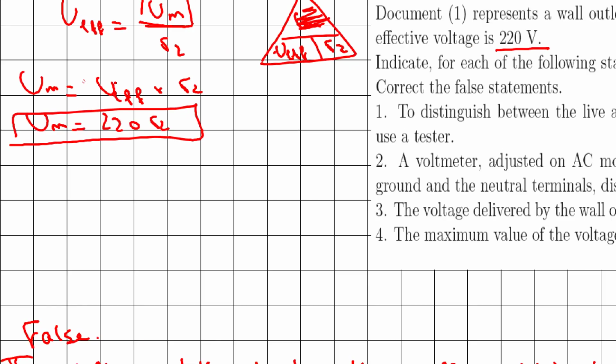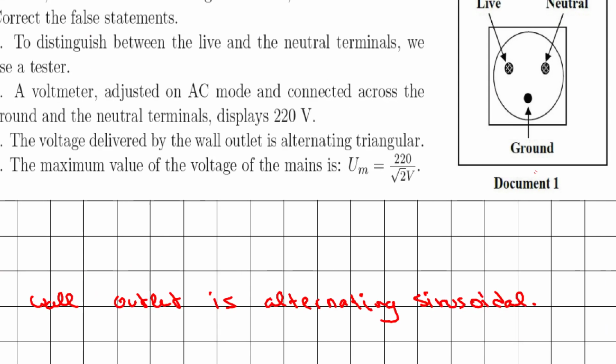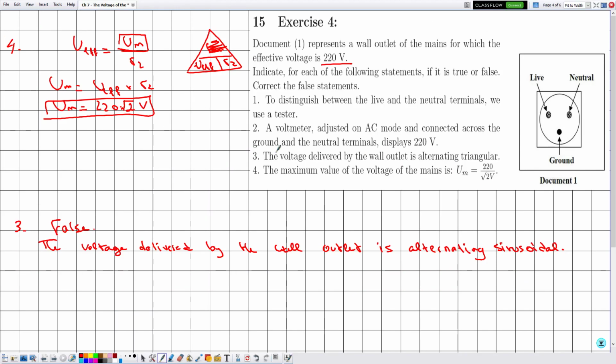And because the effective voltage is expressed in volts, this is expressed in volts. And here this is multiplied. So notice that the expression of the maximum voltage is wrong, so the statement is false.